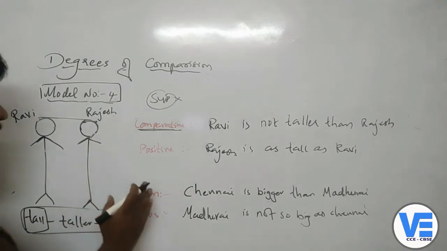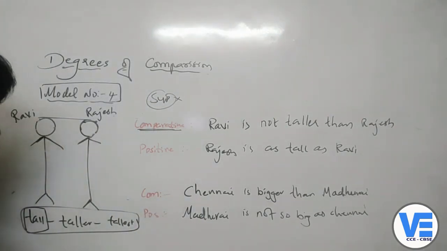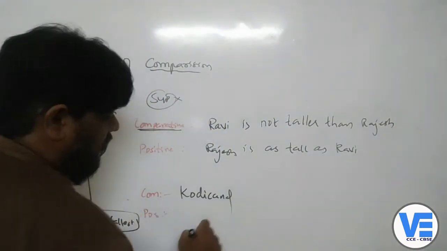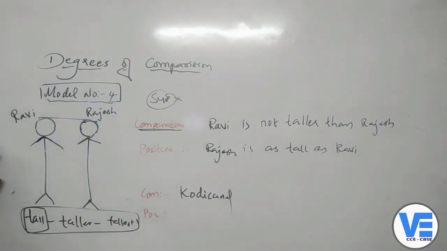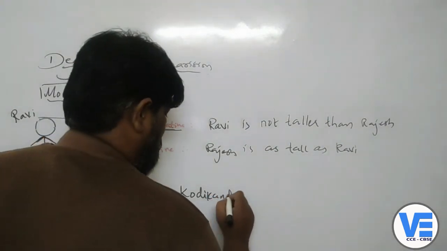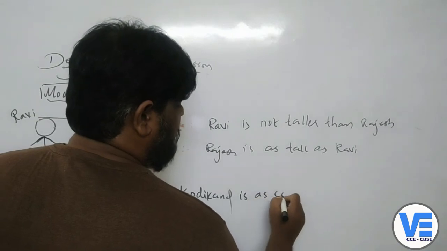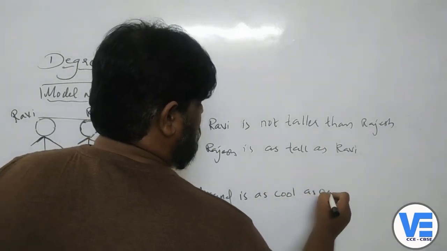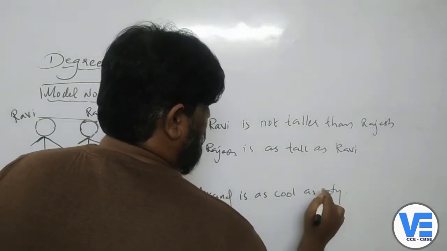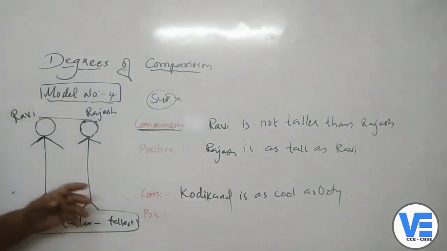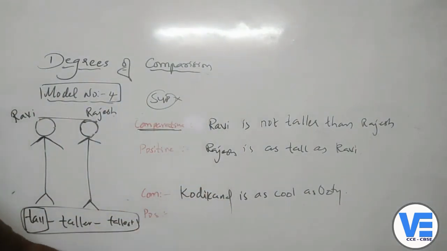Okay. Now you take one more example here. Kodaikanal is as cool as Ooty. Okay, I'm taking here Kodaikanal is as cool as Ooty.